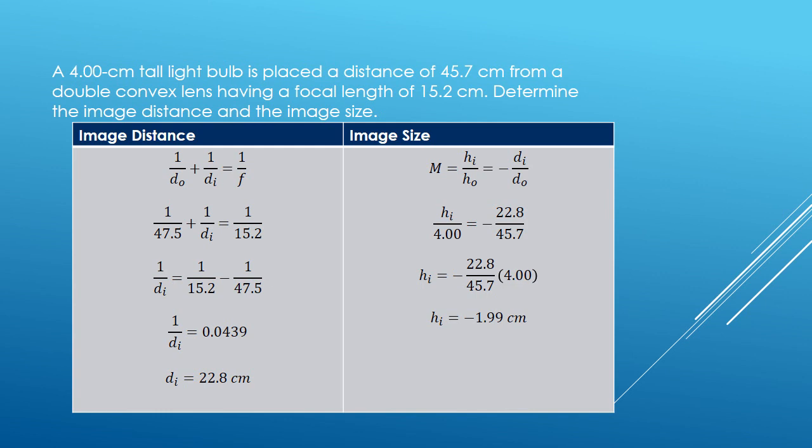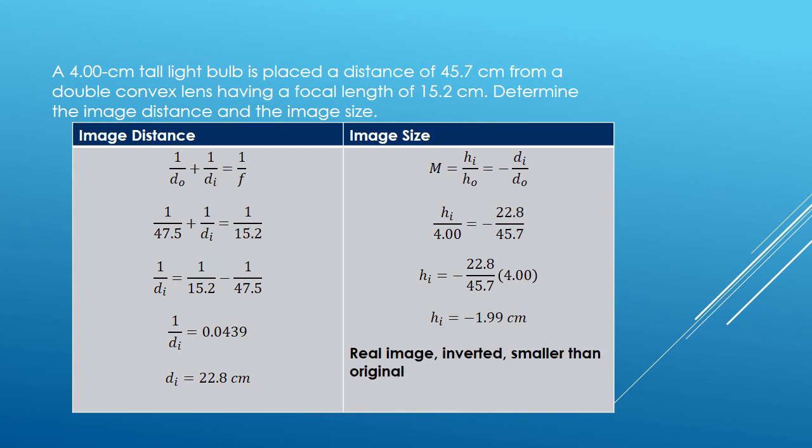Go ahead and multiply by 4 on both sides, and I get the height of my image to be just negative 1.99 centimeters. And this is, in fact, what I expect because, since I already know this is a real image, I expect it to be negative height because I know it's inverted.